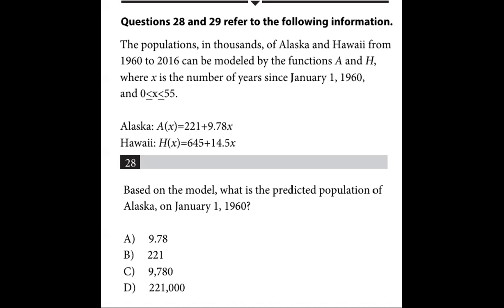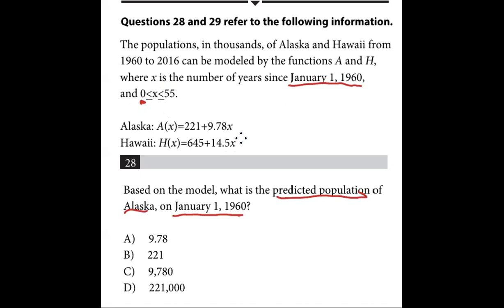Okay, so for question 28, we're asked for the predicted population of Alaska on January 1st, 1960, and this table shows the populations of two states from January 1st, 1960. So in this case, x is equal to 0.